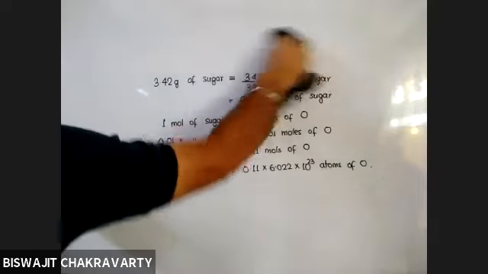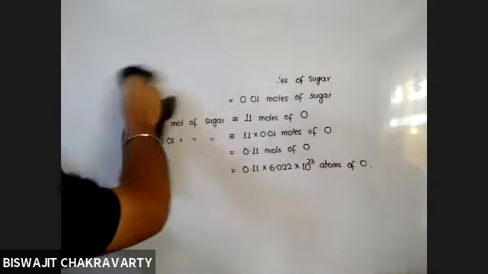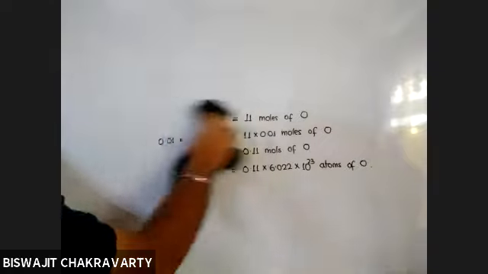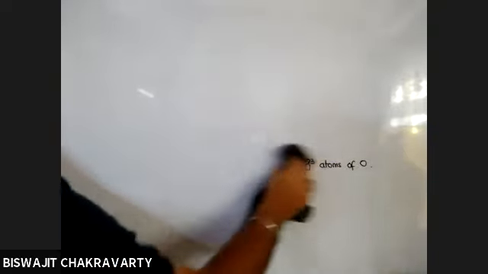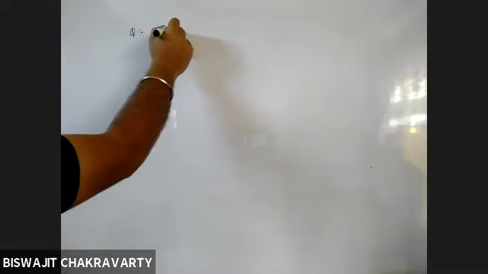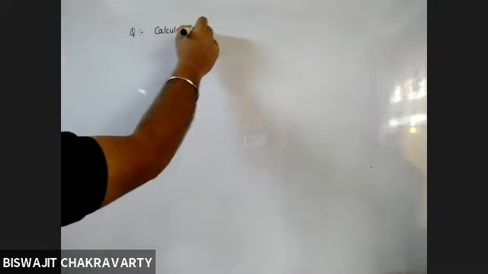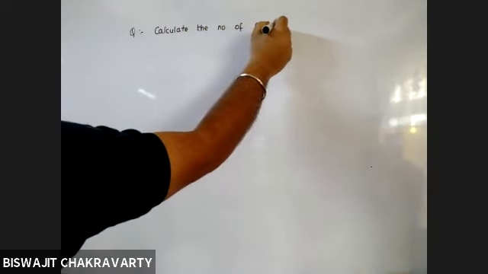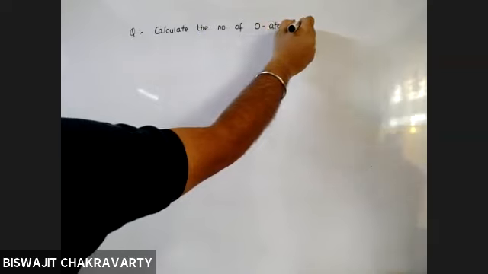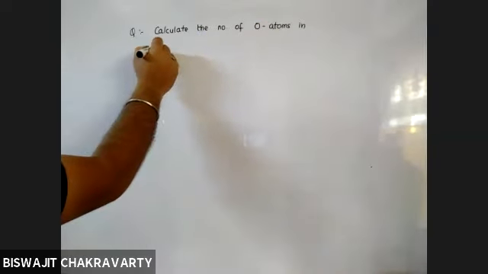Okay, now quickly do the next question yourself. You don't require my help now, I believe. And if you require help, you can get it from the question you just did. The question is: calculate the number of oxygen atoms in the following.